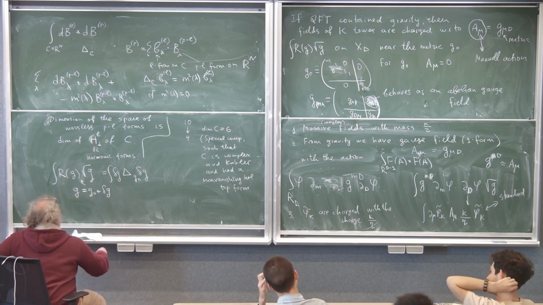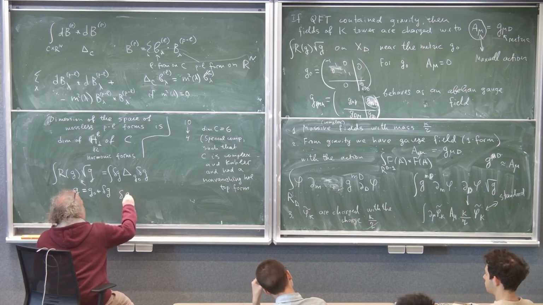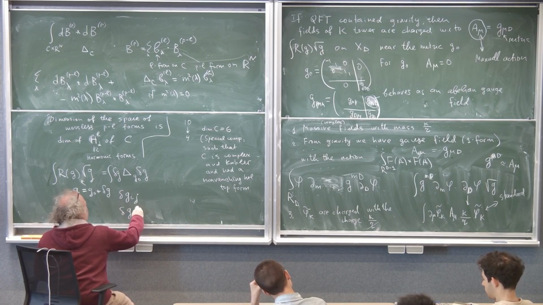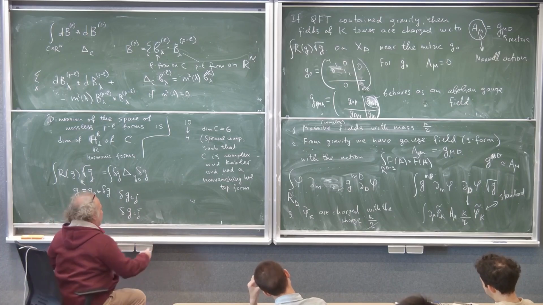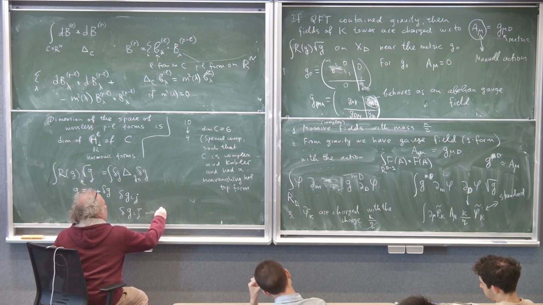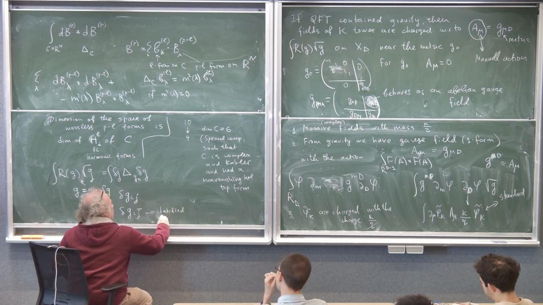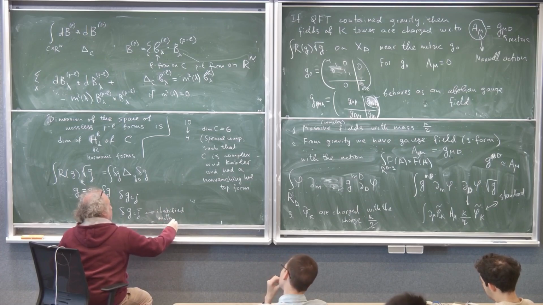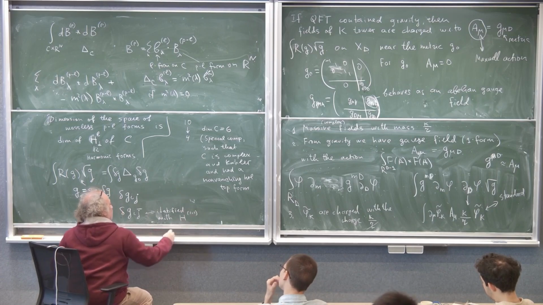Then there was delta G_ij, and there was also delta G_ij bar. Delta G_ij bar could be identified with H^{1,1} cohomology of C.